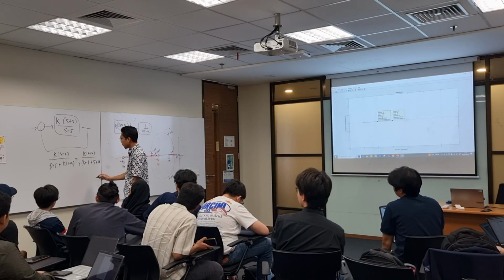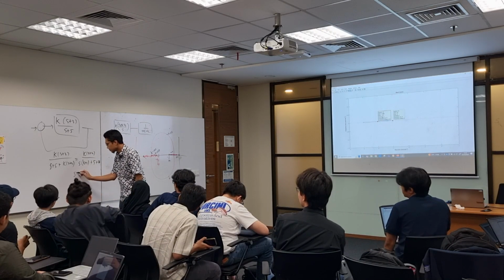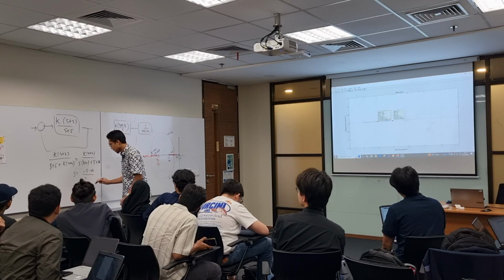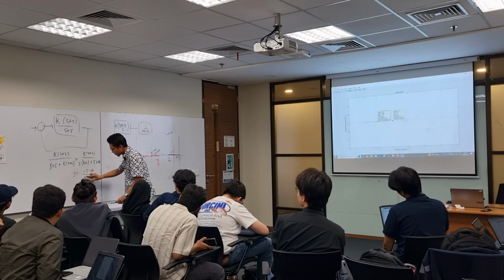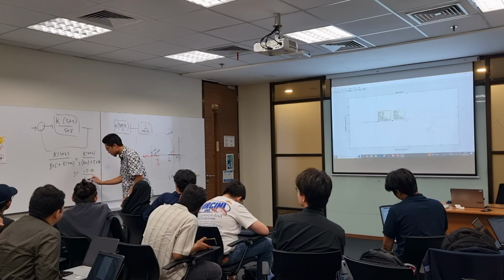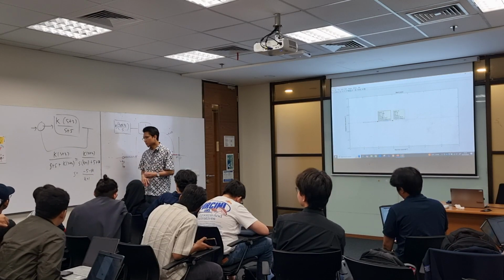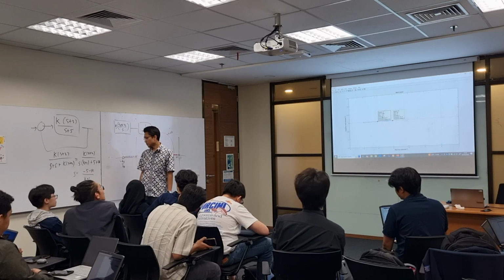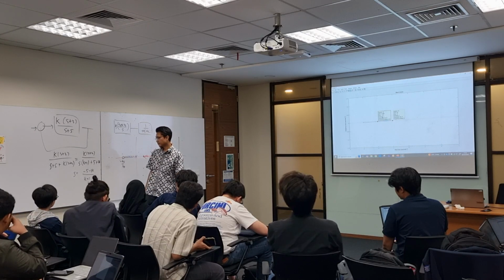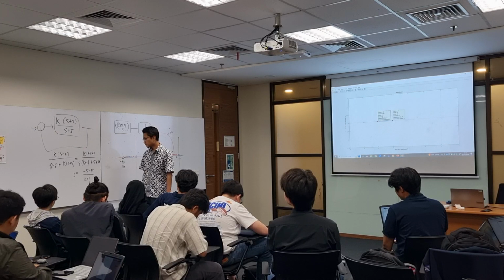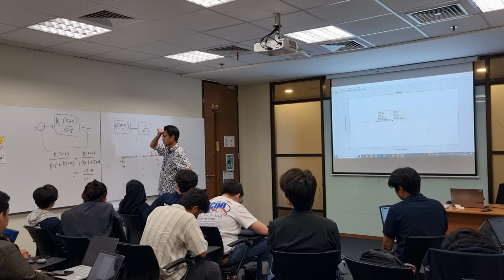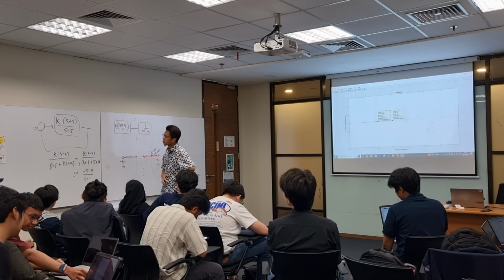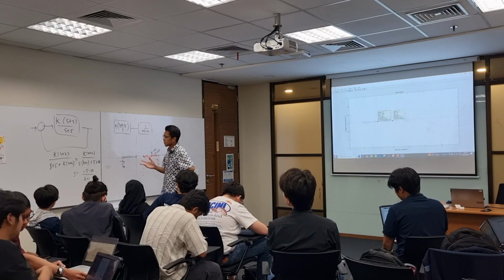So what is the pole then? It is (-5 minus 3K) over (1 plus K).